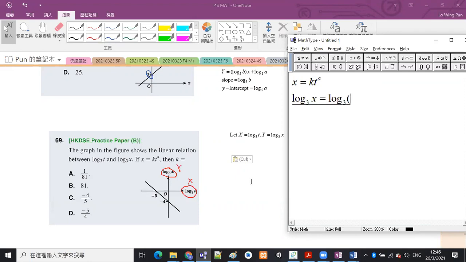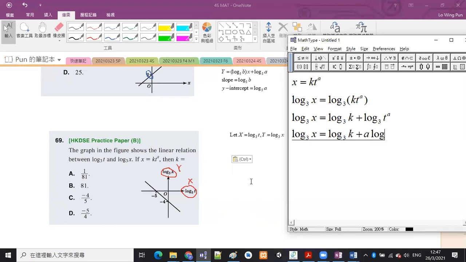Okay? And the left-hand side is ready. It will be changed to capital Y. Note that this time the log x is not changed to X but to Y, because it is on the vertical axis, so you have to use Y for it. And then log k base 3 plus log t to the power a base 3. Okay, and then the power a can be brought to the front of log t base 3.